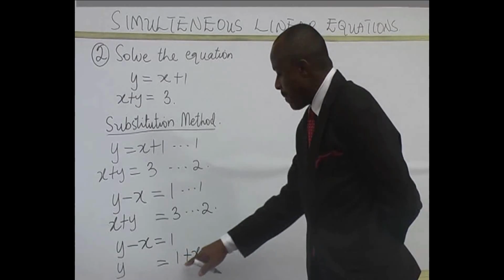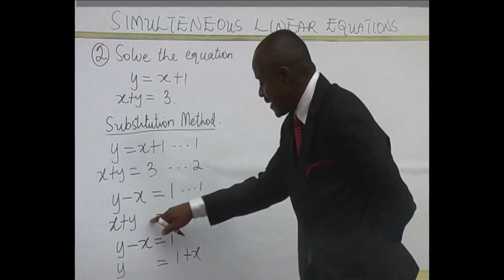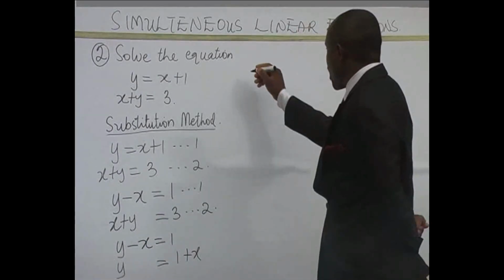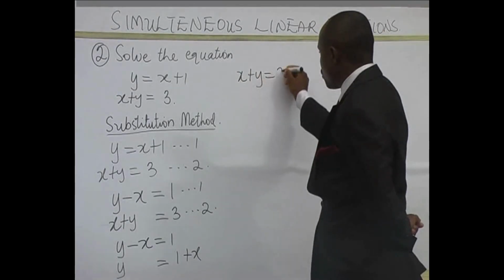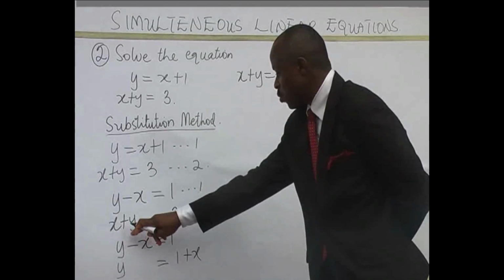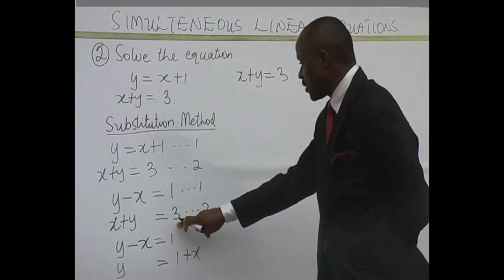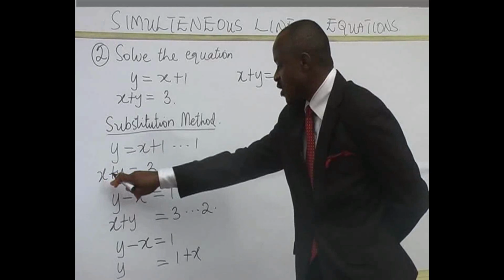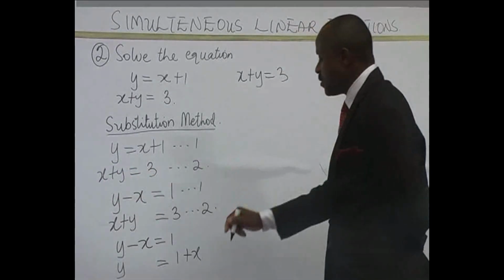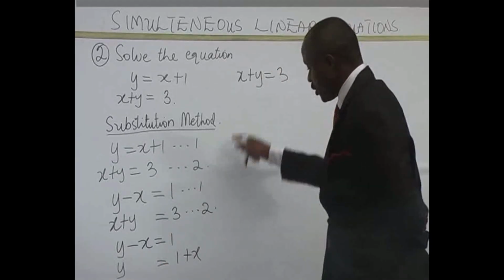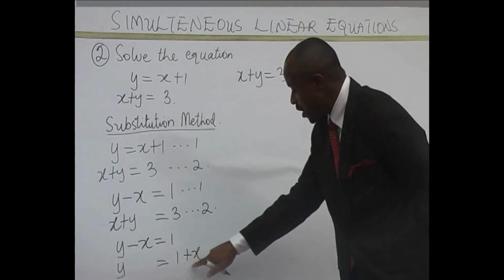substitute 1 plus x for y in the second equation. The second equation is x plus y is equal to 3. That is also what you have here. That means wherever you see y, substitute 1 plus x.